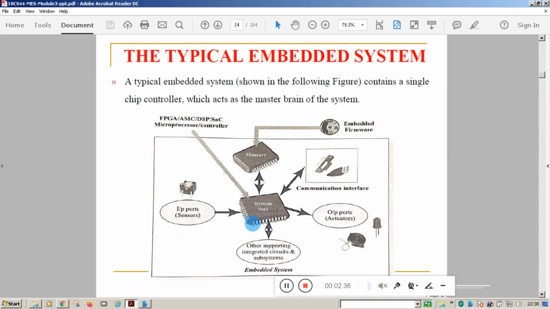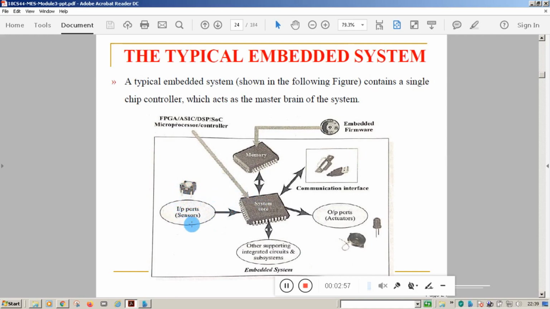Basically, embedded hardware and software are designed to regulate a physical variable or manipulate the state of some variable by sending a control signal to the actuator or devices connected to the output port. Here you can see we have the input port.